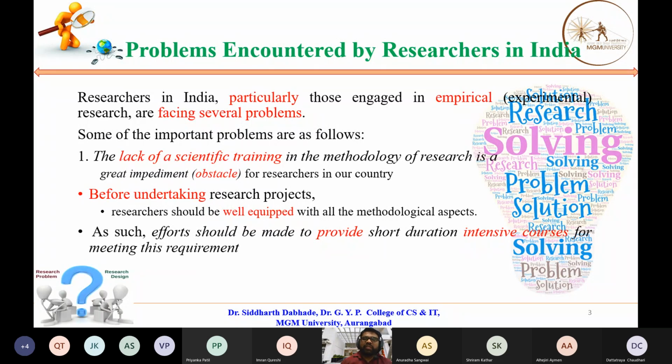We need to identify the methods you are going to select, and whether the related equipment is available in your research laboratory or not. So we need to check the availability of resources.